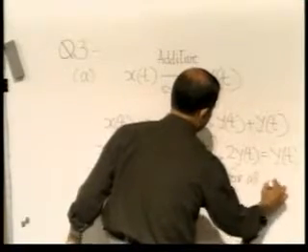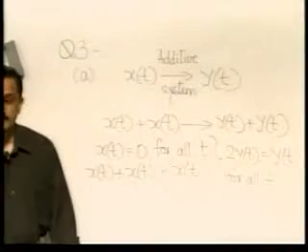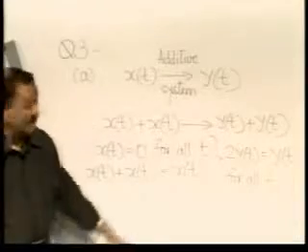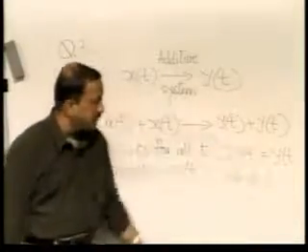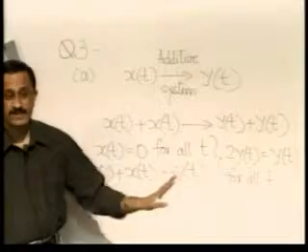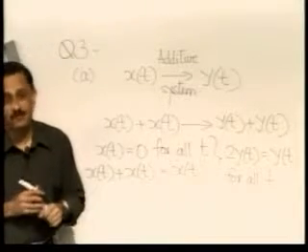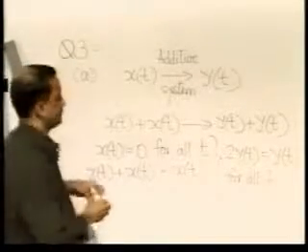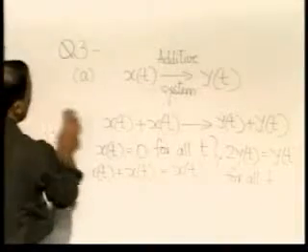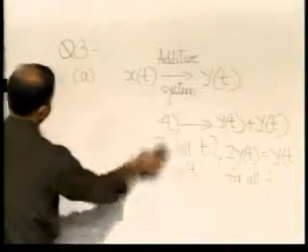But if 2y(t) is equal to y(t) for all t, then the only possibility is that y(t) is 0 for all t. So this proves part A of the question.